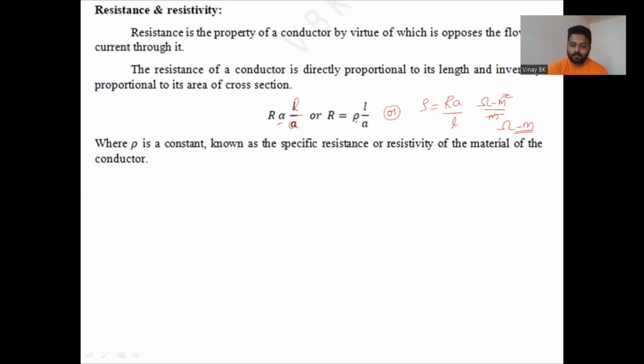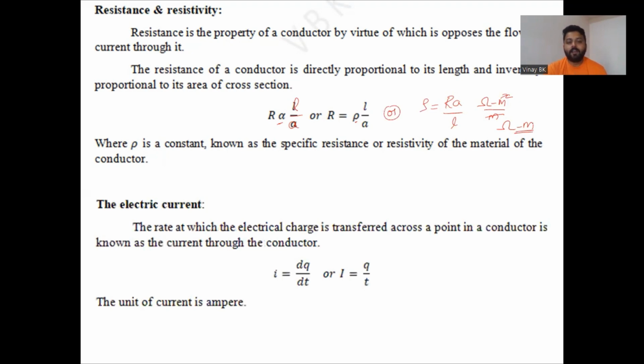Okay. Similarly, the next one is electric current. These basics you should know: you need to understand what is current, what is resistance, what is voltage. Then you can easily understand Ohm's law, and then you can easily apply Ohm's law to circuits to get unknown parameters.